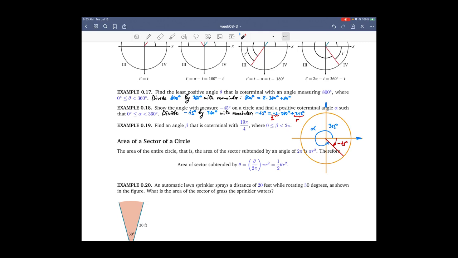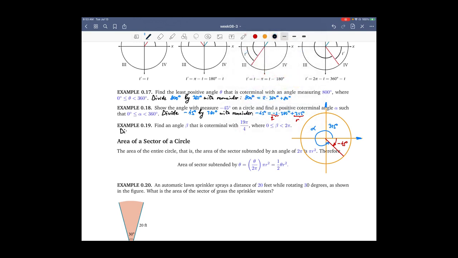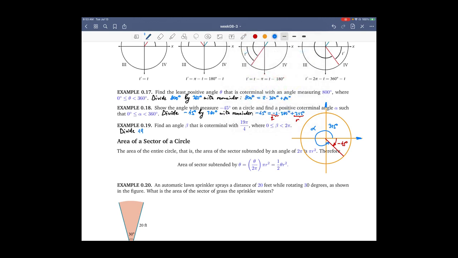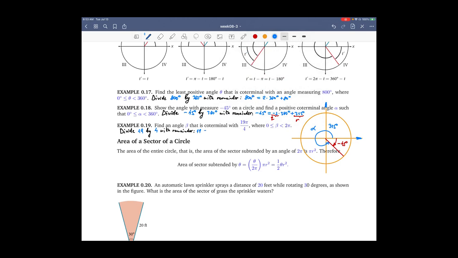If we divide this number 19 by 4 with remainder, it will be 19 equals quotient 4 times divisor 4 plus remainder 3.